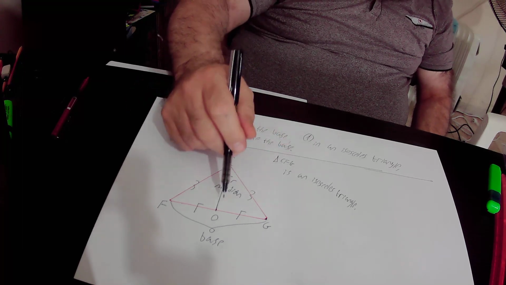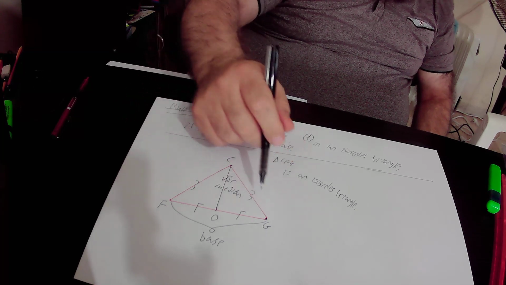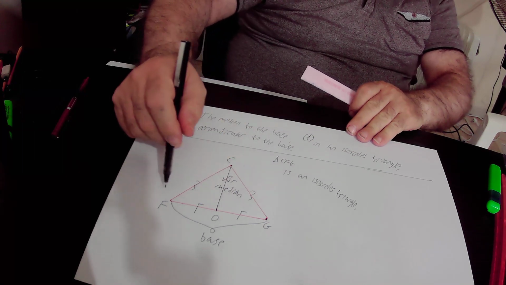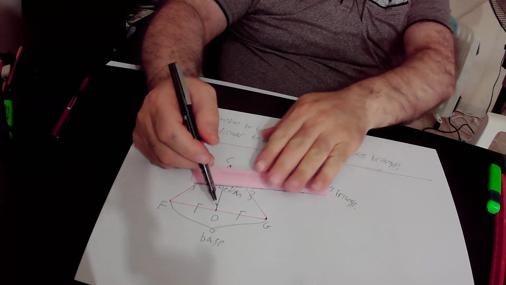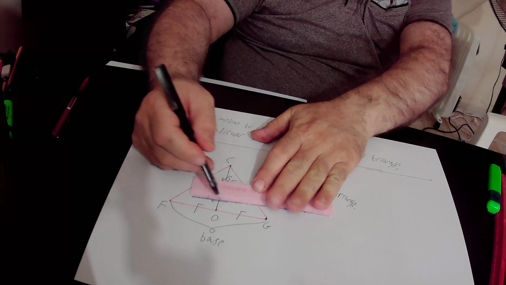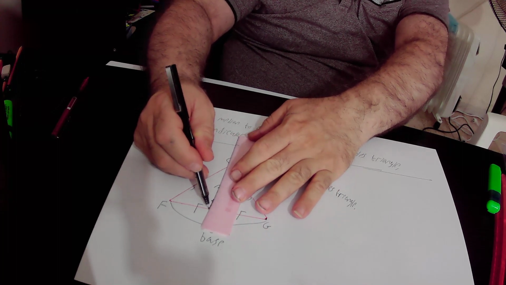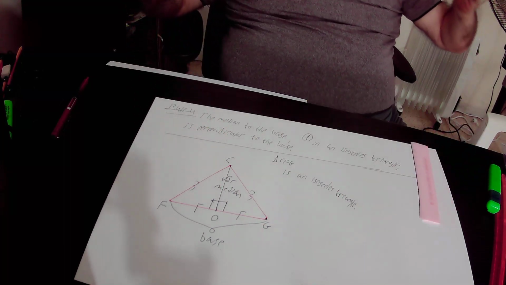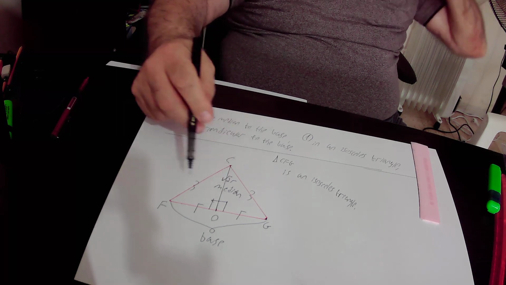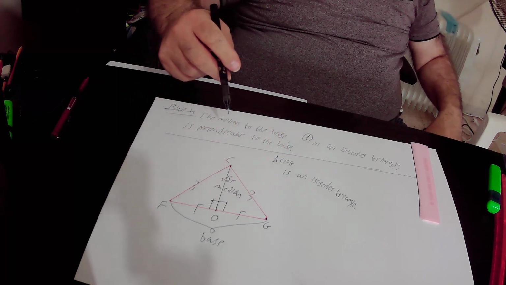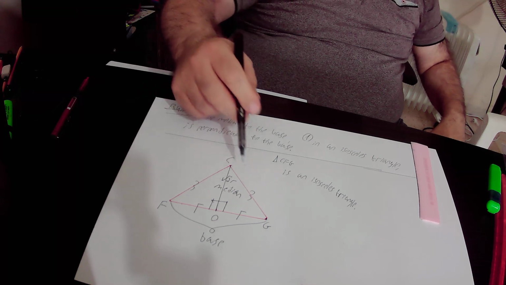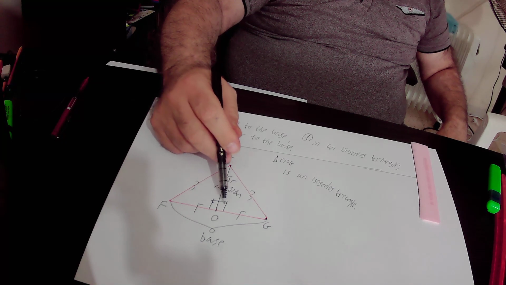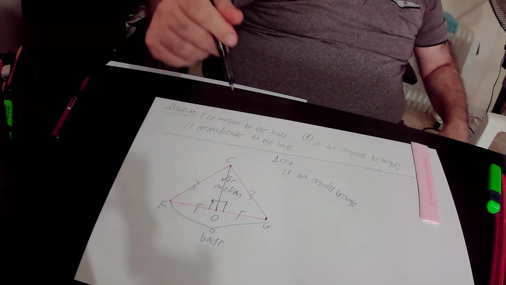So CO is perpendicular to FG according to rule number 4. That is to say, this angle equals 90 degrees and this angle will also equal 90 degrees. I'll repeat again. The median CO to the base FG is perpendicular to the base FG. That is to say, this angle equals 90 degrees and this angle will also equal 90 degrees according to rule number 4.